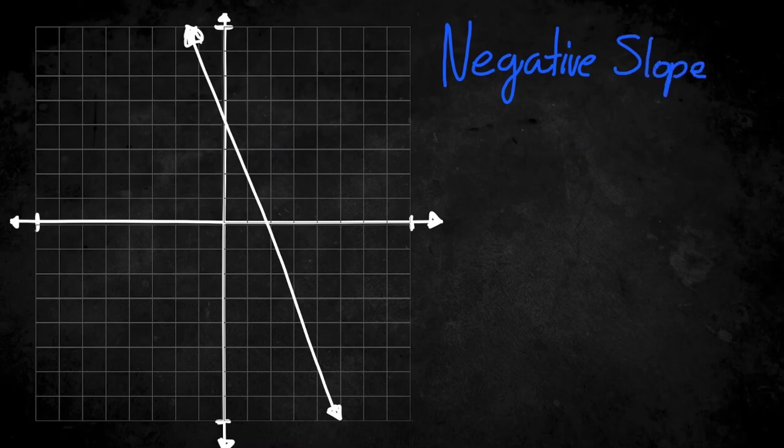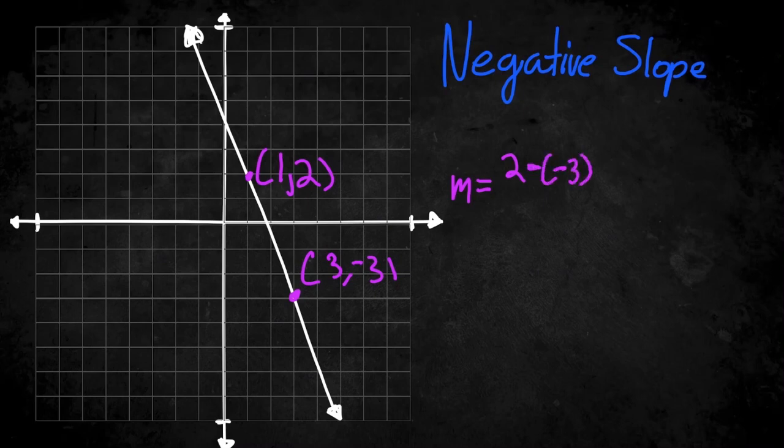Now let's solve the slope of this line. Let's do here (-3, 3) and let's do (1, 2). I'll do (1, 2) first. So we have m equals 2 minus 3 over 1 minus -3.